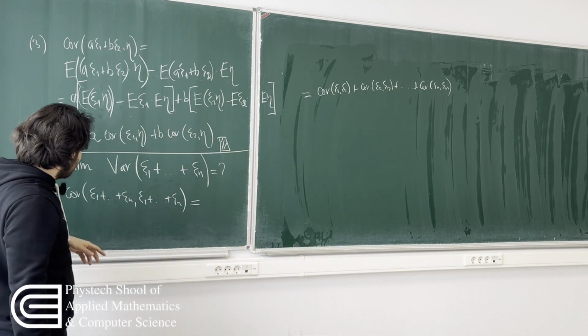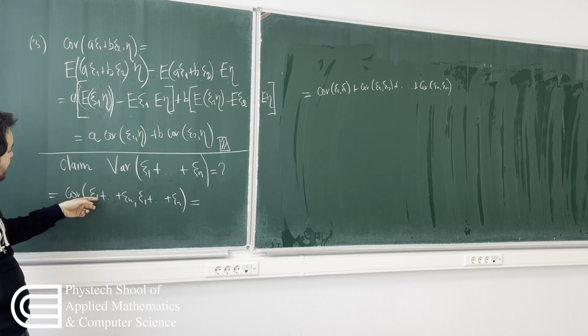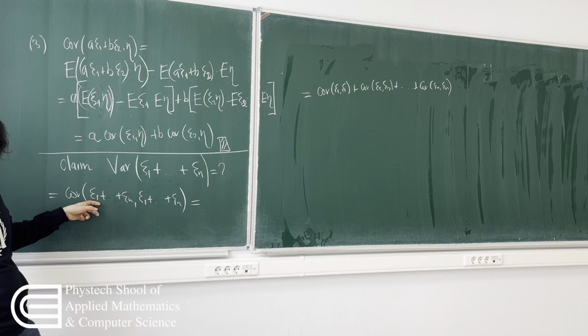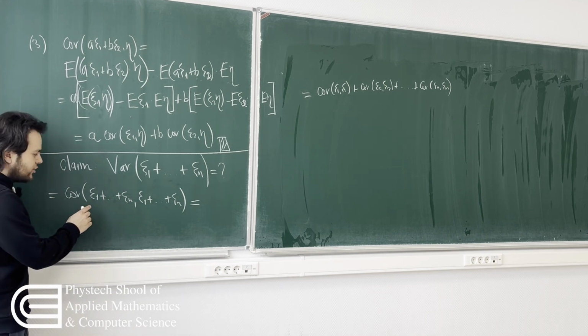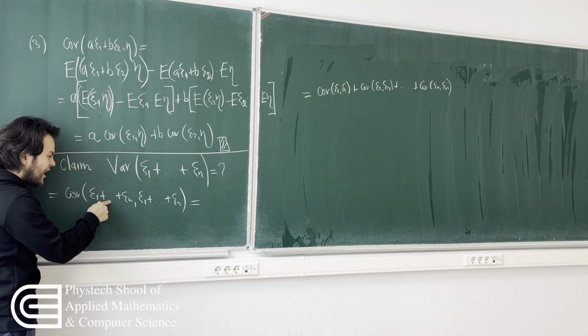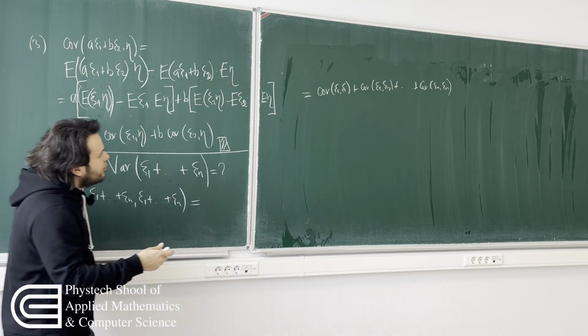And the other case is when we have different indexes. So we have here the covariance of xi1, xi2, xi1, xi3, xi1, xi4, and so on. So we can see that we will have the covariance of xi1, xi2, and then we will have the covariance of xi2, xi1. So we have 2 times. So let me write it like this.